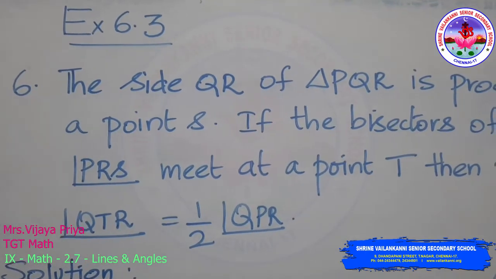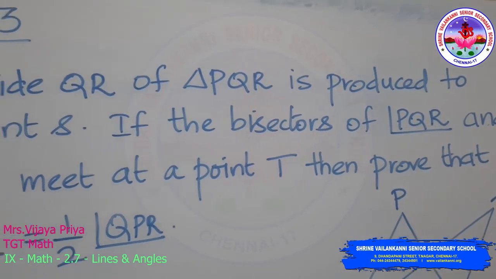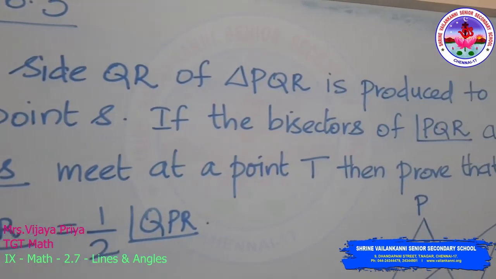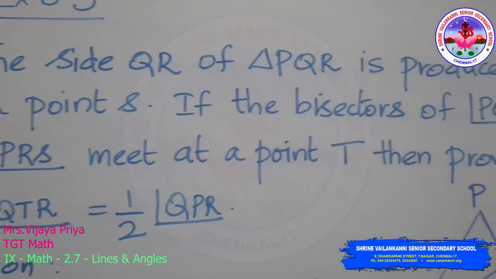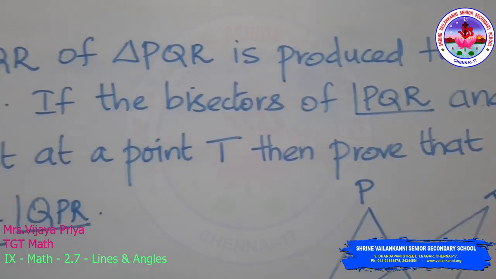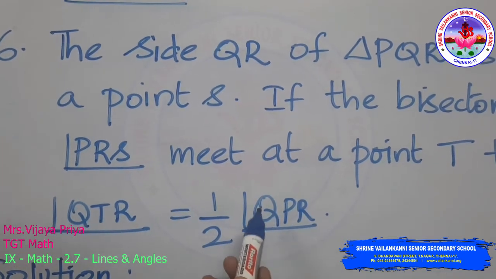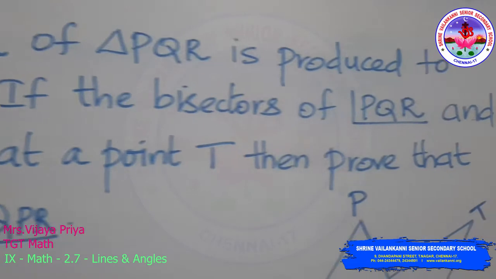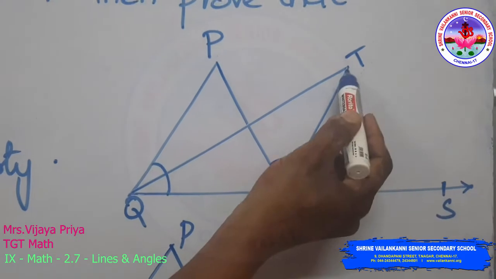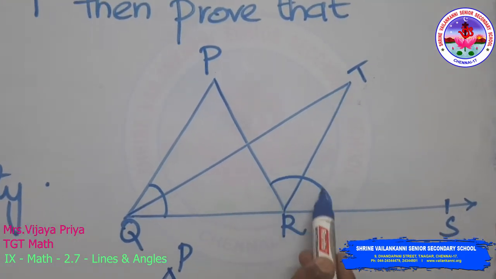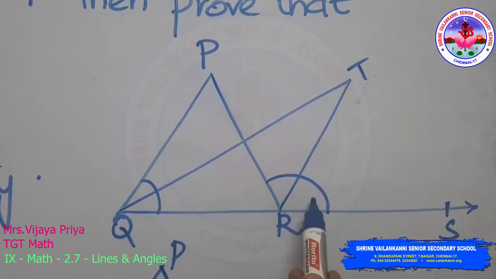Sixth problem: the side QR of triangle PQR is produced to a point S. If the bisectors of angle PQR and angle PRS meet at a point T, then prove that angle QTR is equal to half of angle QPR. I will show you this in the figure, where he has given the side QR is produced to a point S. This line TR bisects my angle PRS, which means that my angle PRS has been divided into two equal angles.